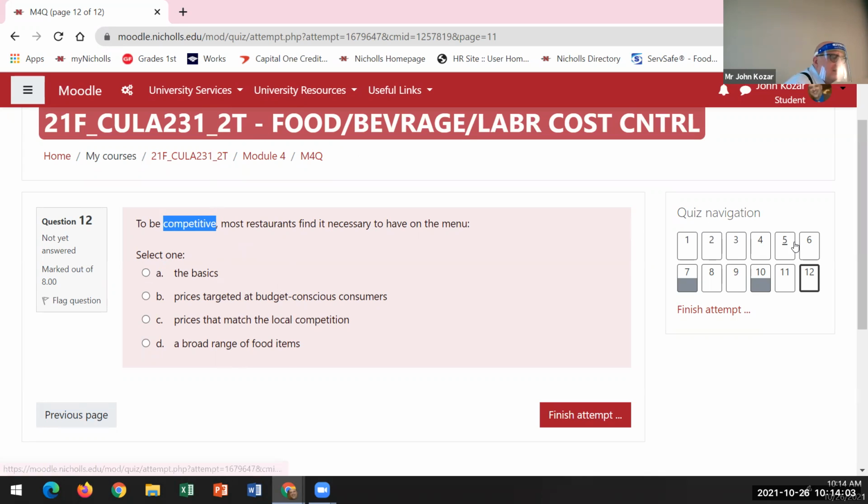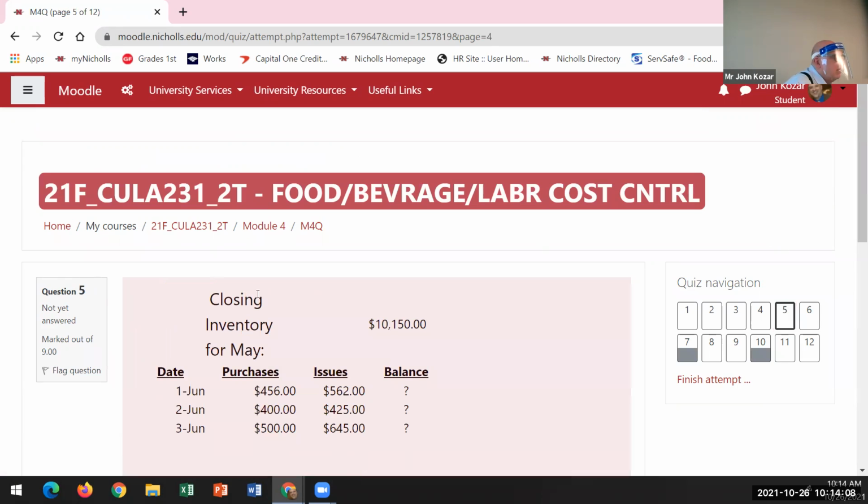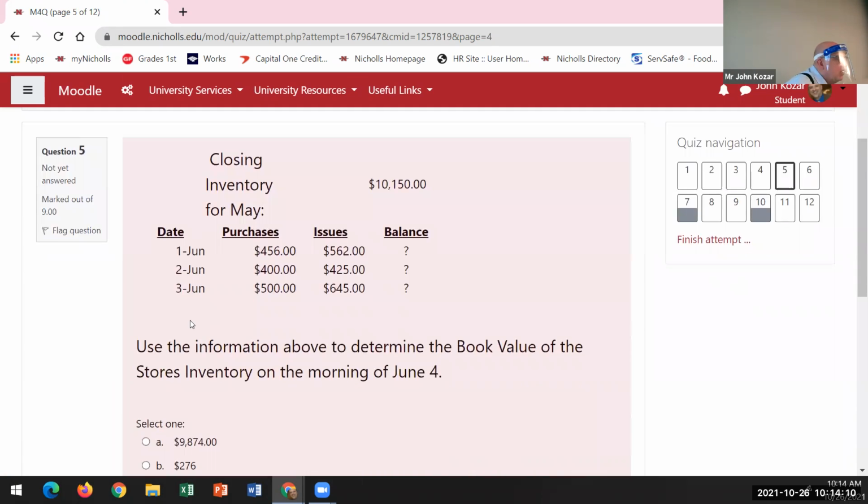Number 5. Okay, we're taking the opening inventory, which is the closing inventory for May. It's the opening inventory for June.